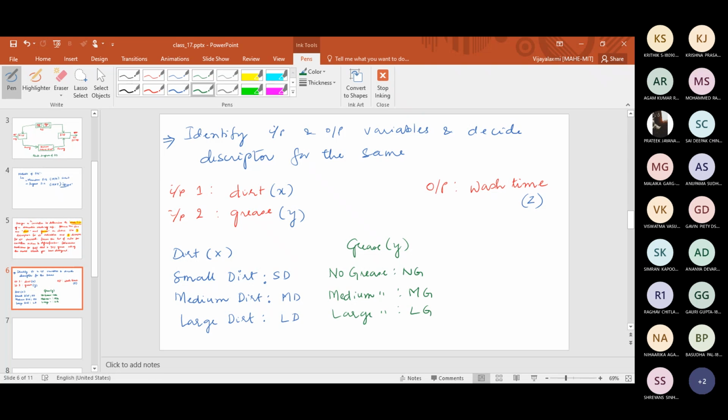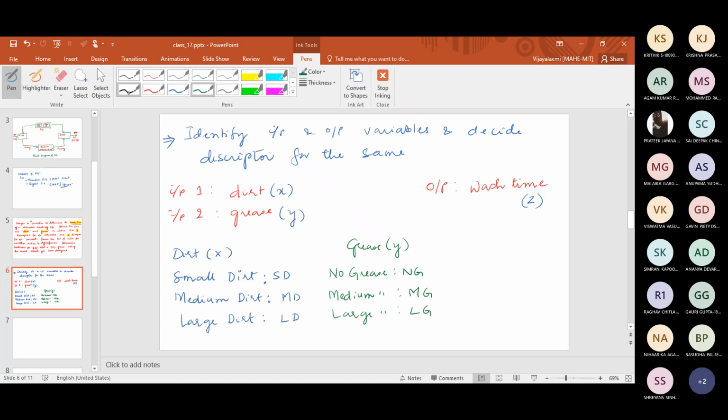You may ask me, can we not consider small grease? You can do it: small grease, medium, large. Here no grease is fine, but no dirt is not required. Let us write small dirt, because when we are using a machine, we assume that it has small dirt and we are going to clean it. This is how we write the descriptors.